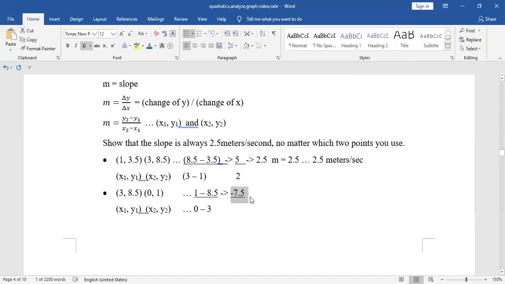And then a fraction bar underneath, and 0 minus 3 is going to be negative 3. Negative 7.5 divided by negative 3 is going to be a positive 2.5. So the slope is going to be 2.5 again. Because of this problem, it's 2.5 meters per second, but the slope itself is just 2.5. So if I do this with any 2 points on that line, it will always end up being 2.5.